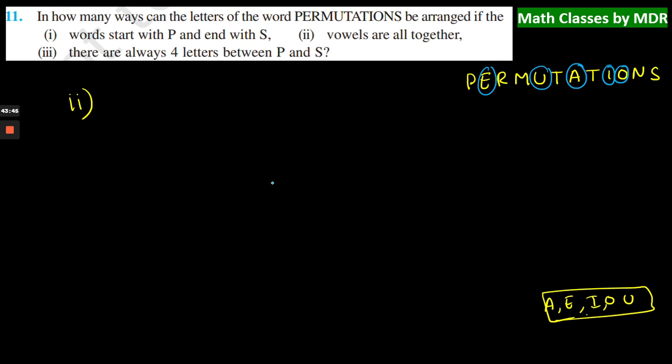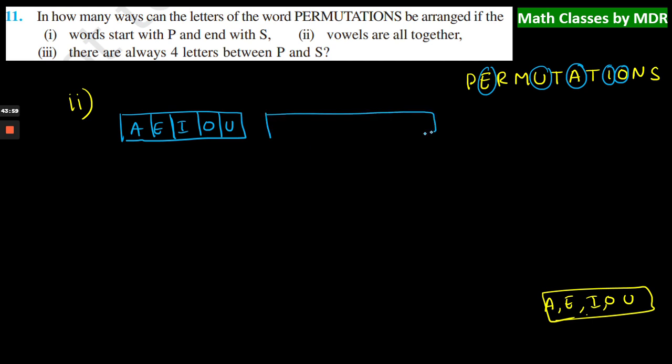Right? So if you want all vowels together, let us take all vowels together here. 1, 2, 3, 4, 5. Let's say A, E, I, O, U. And what about the remaining? The remaining 7 letters we have here. 1, 2, 3, 4, 5, 6, 7. Right? So now, all vowels together form one letter.